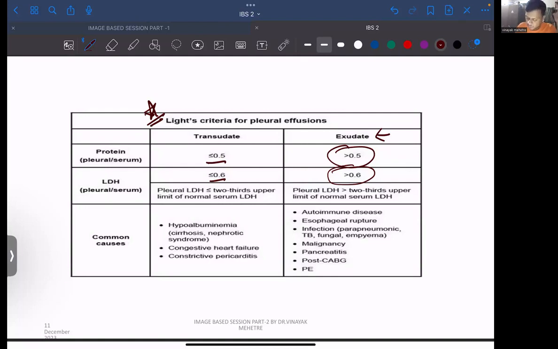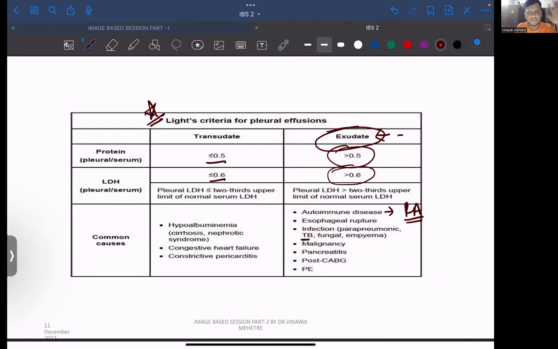Last time's question was on an autoimmune disease: rheumatoid arthritis causes which kind of pleural effusion? The answer was exudative. TB is here, and when you don't know the answer, the answer is exudative every time.